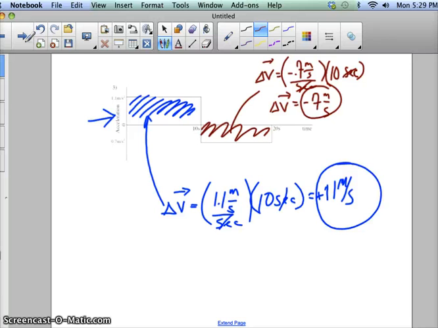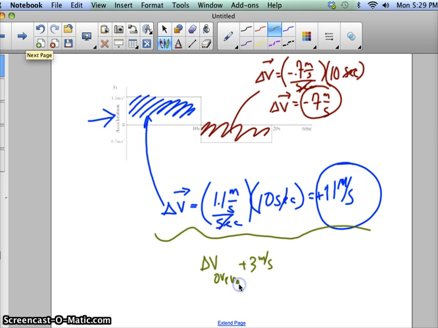So the change in velocity in the first 10 seconds was a positive 11 meters per second. The change in velocity in the last 10 seconds was negative 7 meters per second. So overall change in velocity from start to finish, from 0 to 20 seconds, is going to be positive 3 meters per second. That's our change in velocity overall.